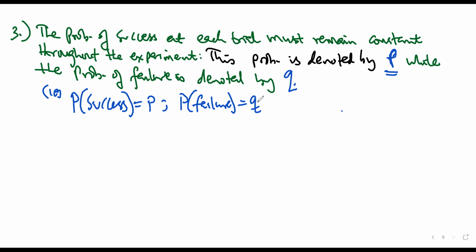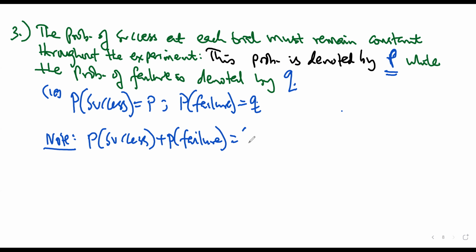Then we note that if you take the probability of success plus the probability of failure, then you should get 1.